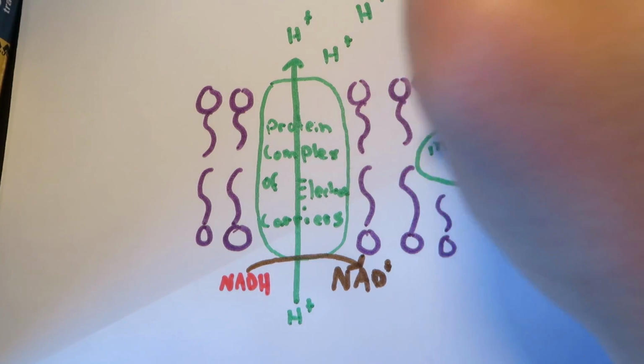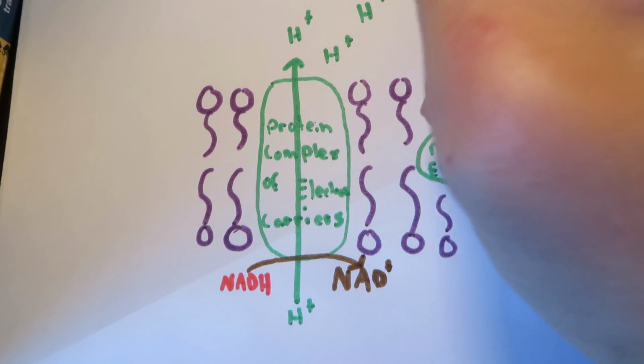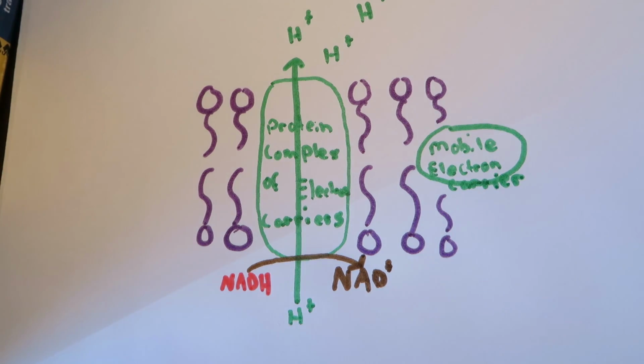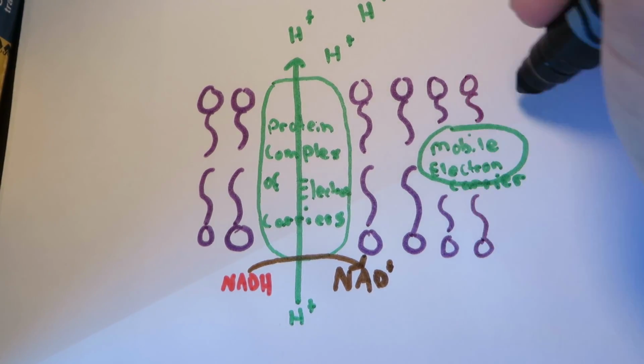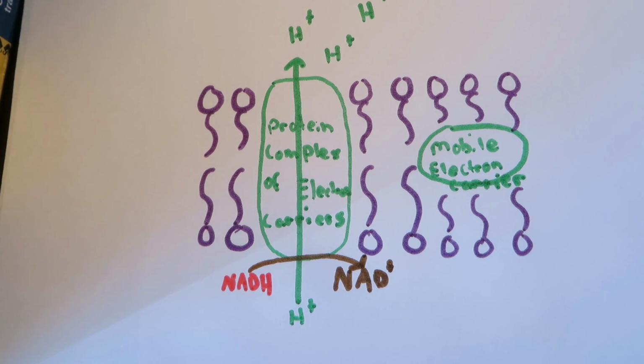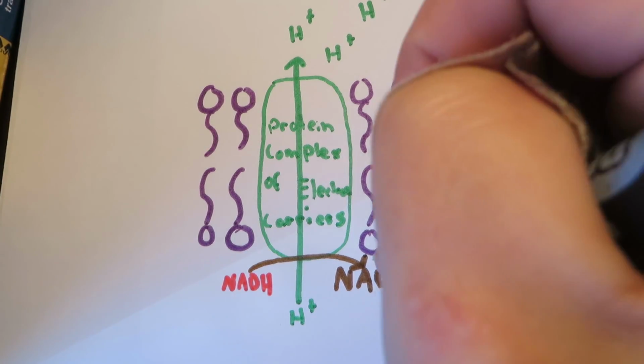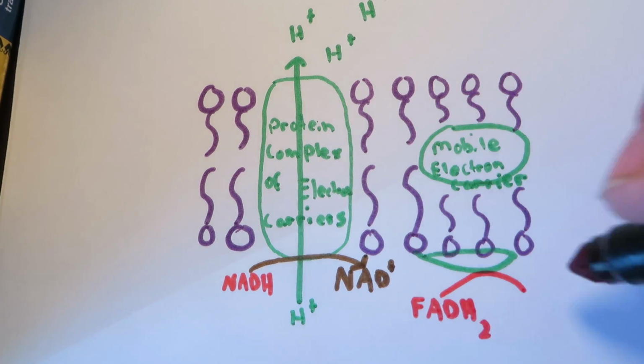Throughout the cristae, there are electron carriers. After NADH is oxidized, FADH2 is as well.